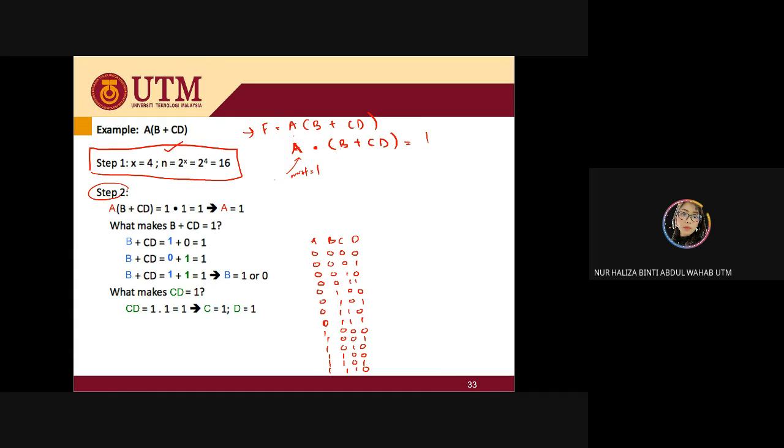The rest, if let's say your A is 0, your answer will be totally 0. You're not going to see this because this is AND gate. If this one is 0, of course your answer will be 0. That's why for the rest of 0 here, your output will automatically be 0, 0, 0, 0, 0, 0, 0, 0.